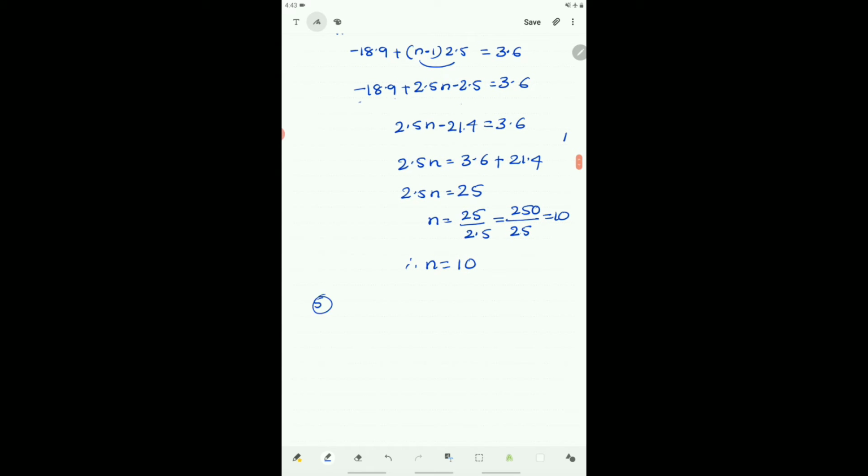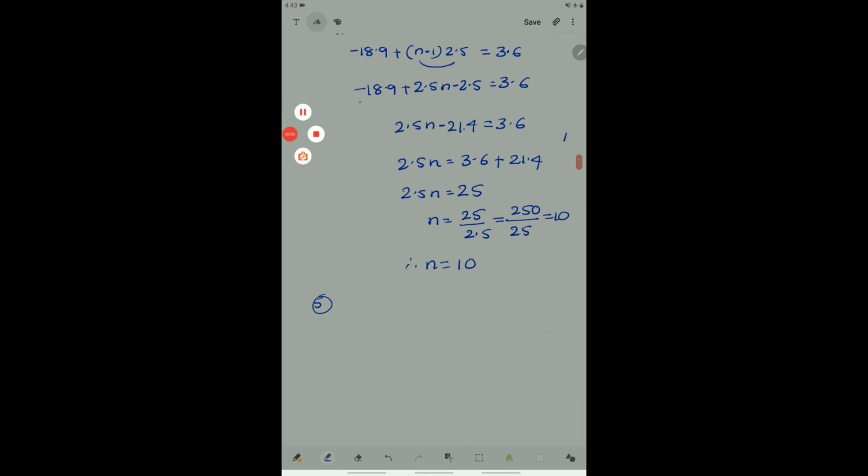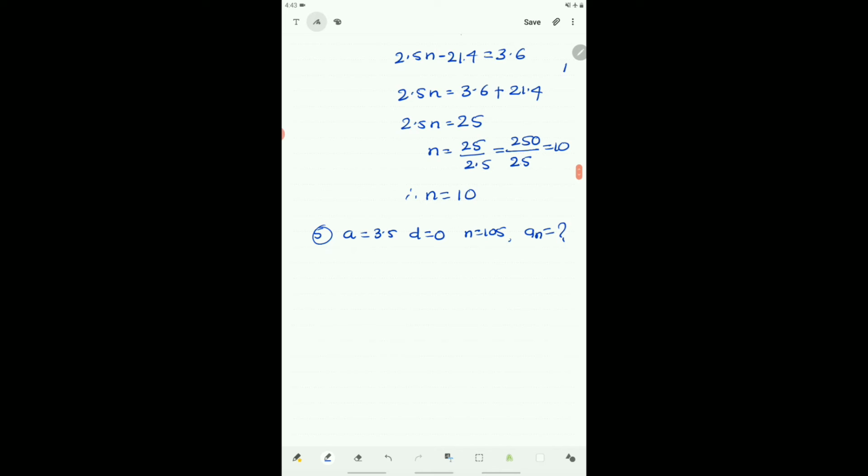Next, in the fifth question, what are given? Here A is equal to 3.5 and D is equal to 0 and N is equal to 105 and the question mark is for AN. Write the formula for AN.